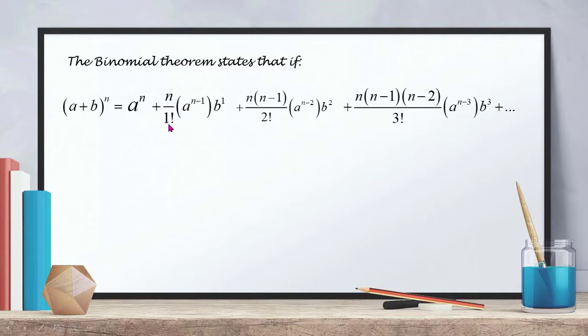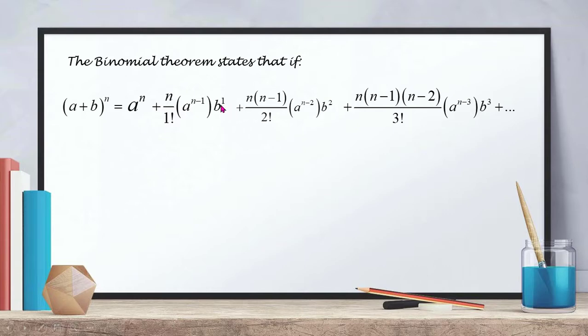The first pattern is that we've got 1 factorial here, 2 factorial there, 3 factorial there. So the fifth term will have 4 factorial, and then we've got n, then n minus 1, then n minus 2, n minus 3, and then we'll continue with n minus 4, n minus 5, and so on.